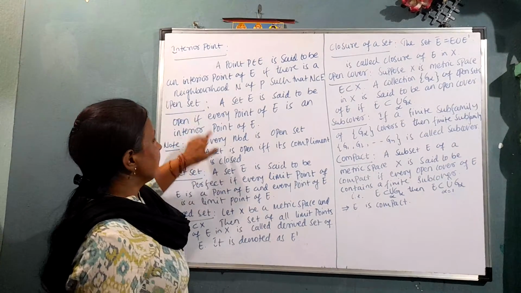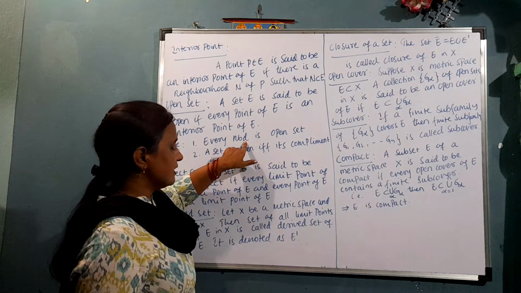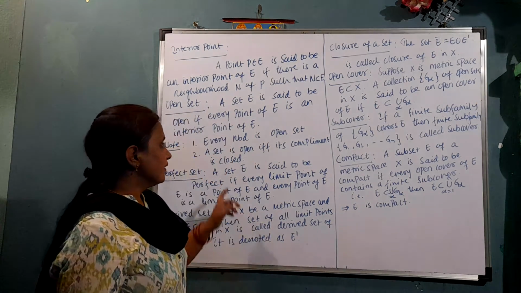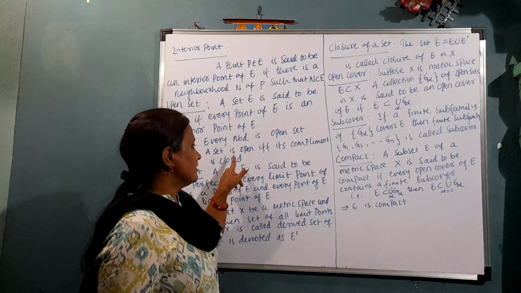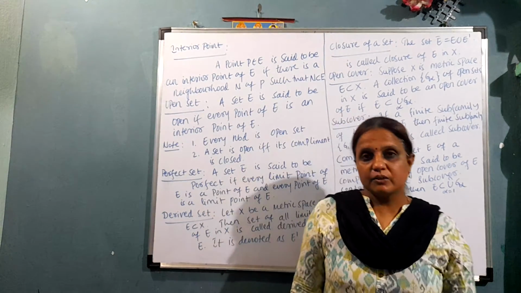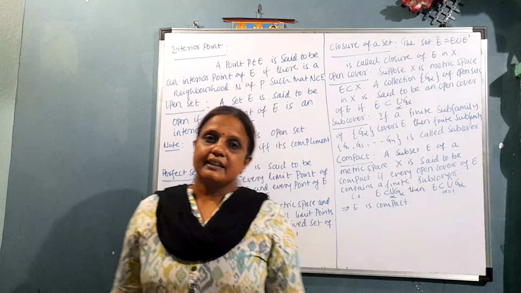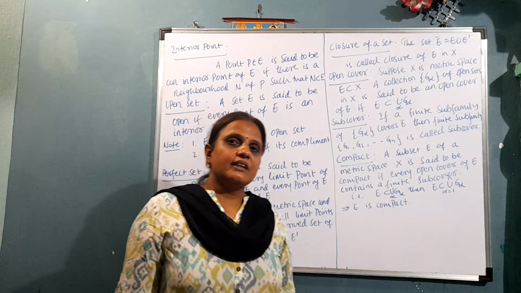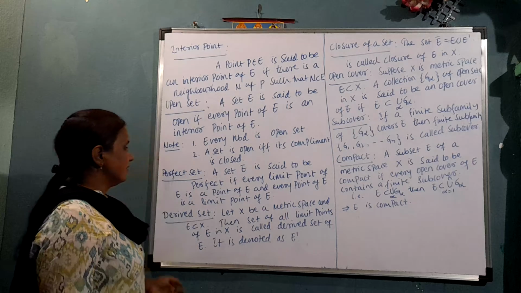Always, every neighborhood of a point is an open set only, and the complement of an open set is closed, and the complement of a closed set is open. As well, whenever we take more than one or two open sets, the union of open sets is open, and the intersection of open sets is open. Similarly, the union of closed sets is closed, and the intersection of closed sets is closed.